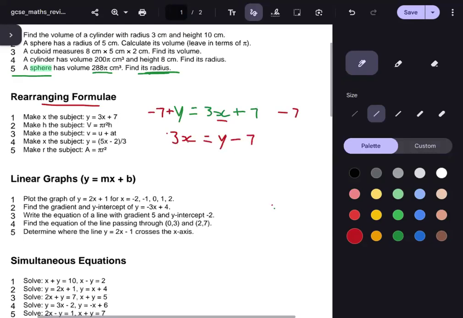Then we try to get x alone because we want x, we don't want 3x. Because the 3x is basically 3 times x, right? So what we can do is divide by 3, and then the 3's will cancel out. So we're going to divide both sides by 3.